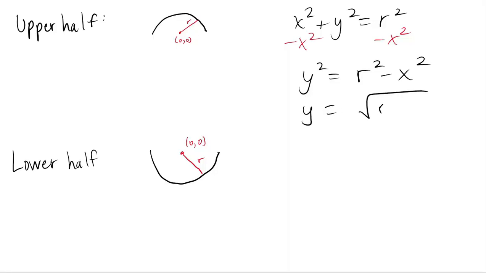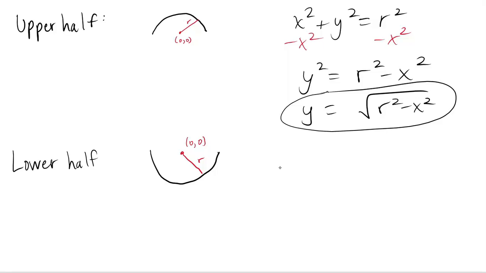And normally we have to do plus or minus, but we know we don't want plus or minus here. We only want the positive results, and this is how we go from the equation of the circle to the equation of the semicircle. If I stop with y equals the square root of r squared minus x squared, considering only the positive roots, then my y coordinate is always non-negative and I only get the upper half of the circle. How do I get the lower half?